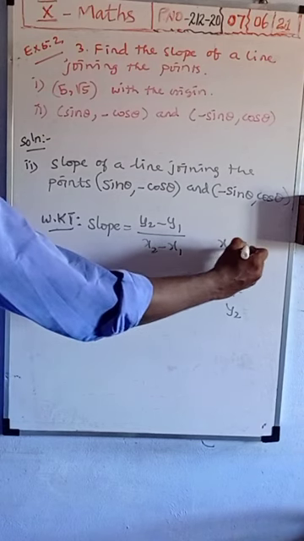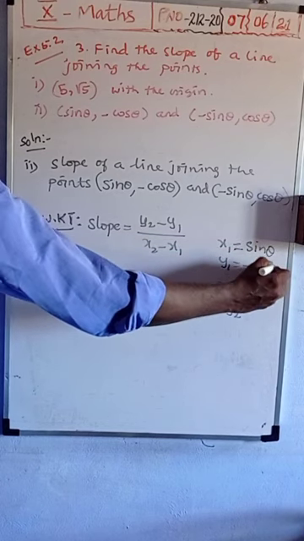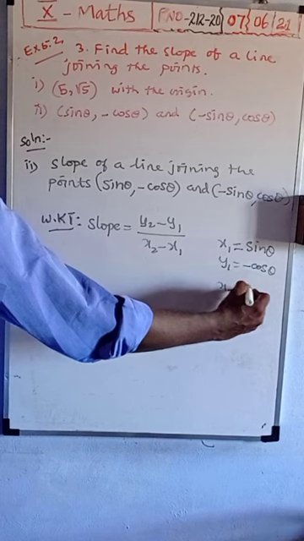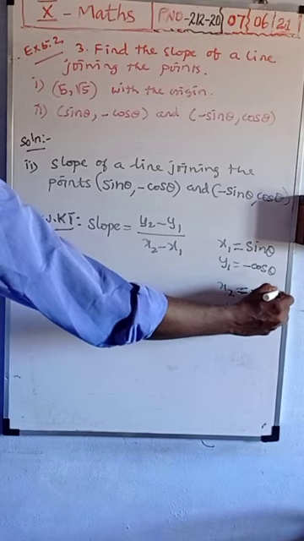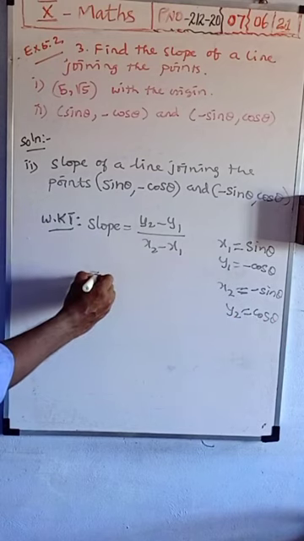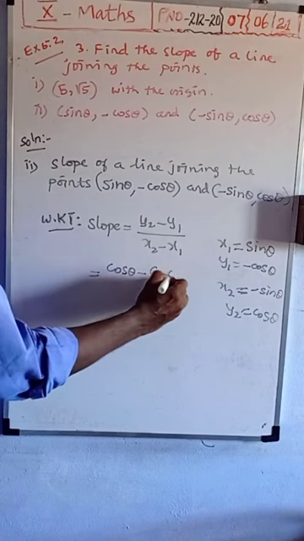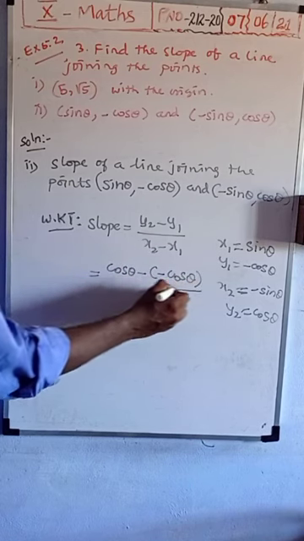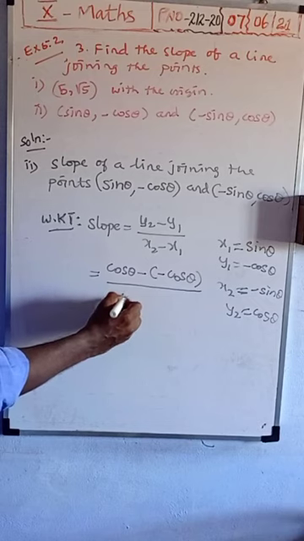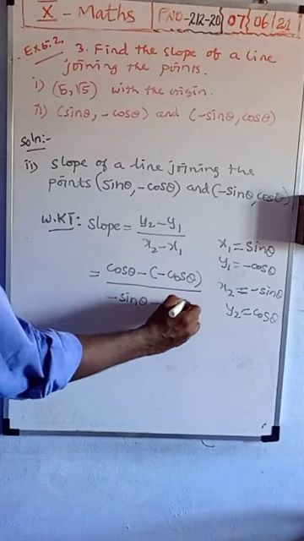So x1 is sin theta, y1 is minus cos theta, x2 is minus sin theta, and y2 is cos theta. Now substitute: first y2, cos theta, minus y1, which is minus cos theta, divided by x2, minus sin theta, minus x1, which is sin theta.